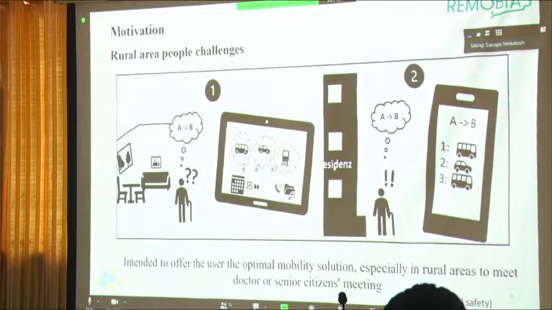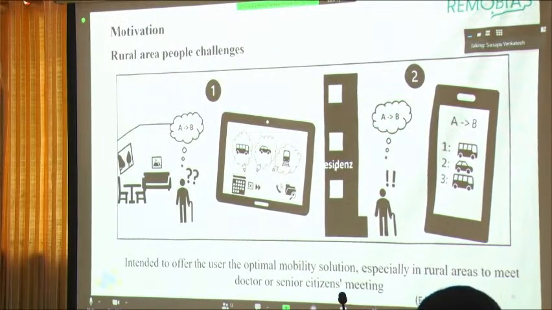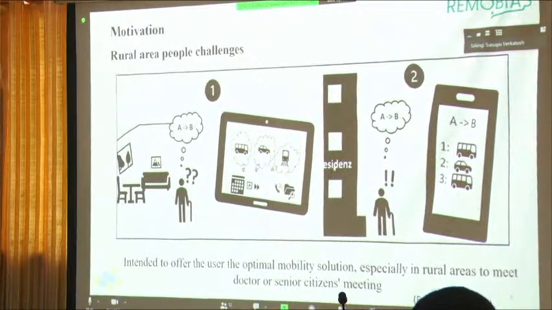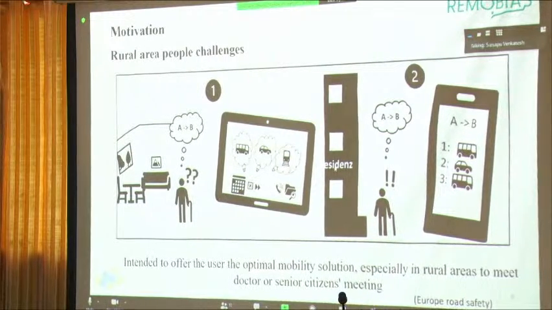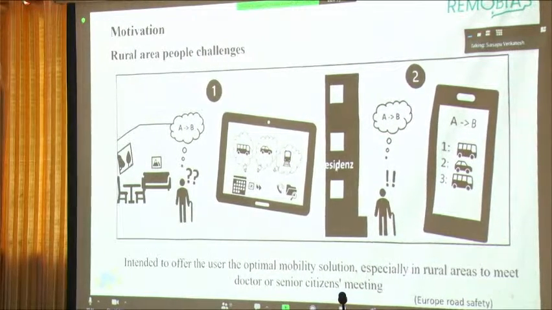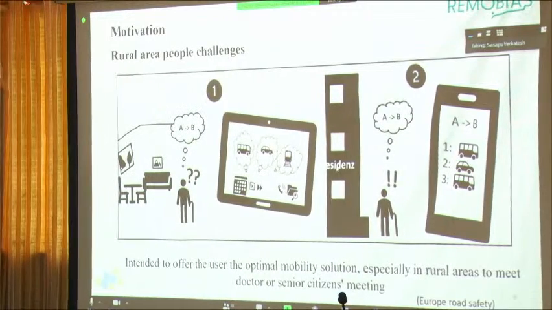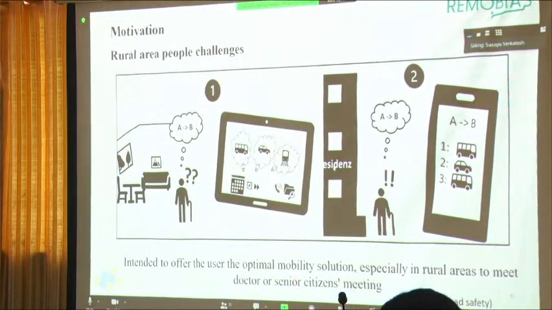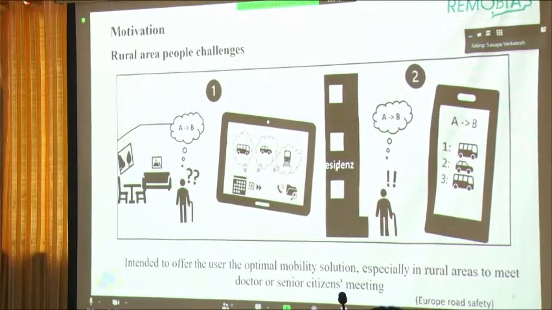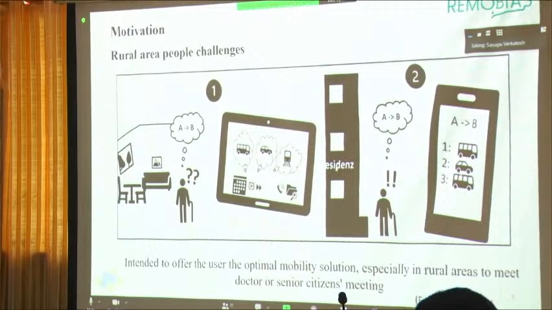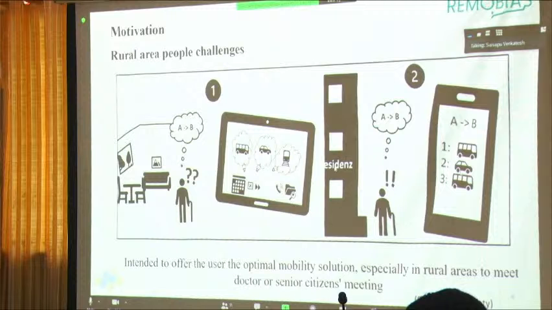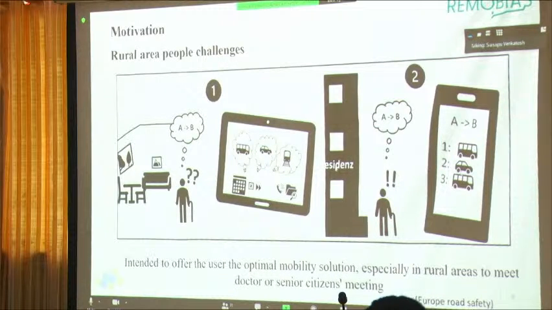It could affect other people as well. So in this case, let us assume an old person wants to travel from the village to the city. He used to have to call a daily ride. He will book a car, and then he will take either a car or a train and then go. After this system, what we want to do is integrate this along with the public transportation system as well.